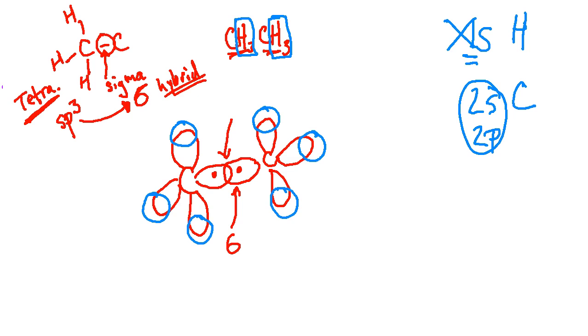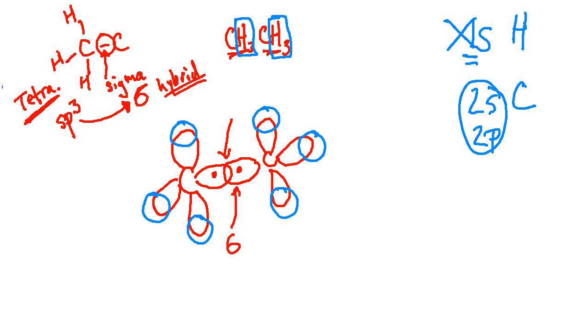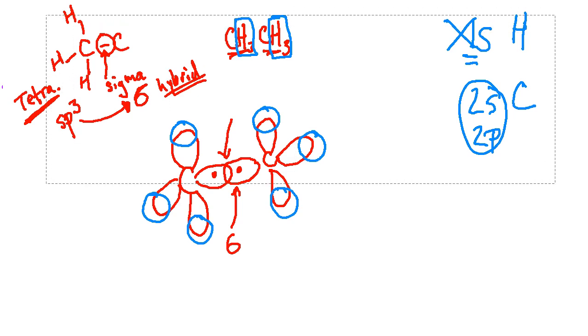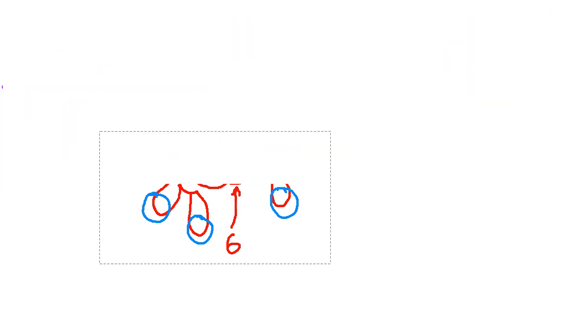Now, this still confuses some students, and one of the things I use to help with this is I want you to think about the electron orbital diagram for carbon. This can help you understand this.